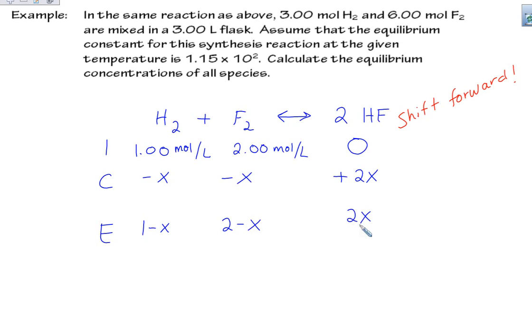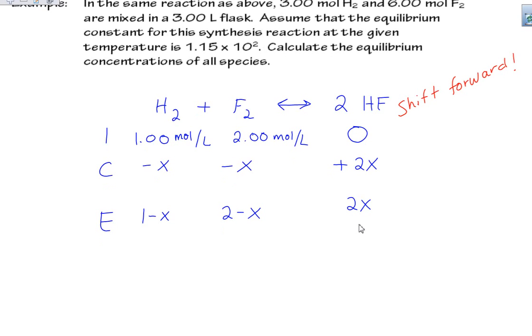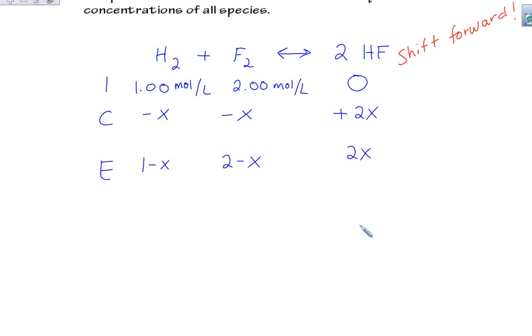All right, so far you're cruising along. You're like, man, I think I'm getting this super easy. We just got to solve for x and we're done, right? Right. All right, so here's what I don't like about this one. Solving for x is actually kind of a pain in the patootie. Let's set it up. The same K value. K is 115.